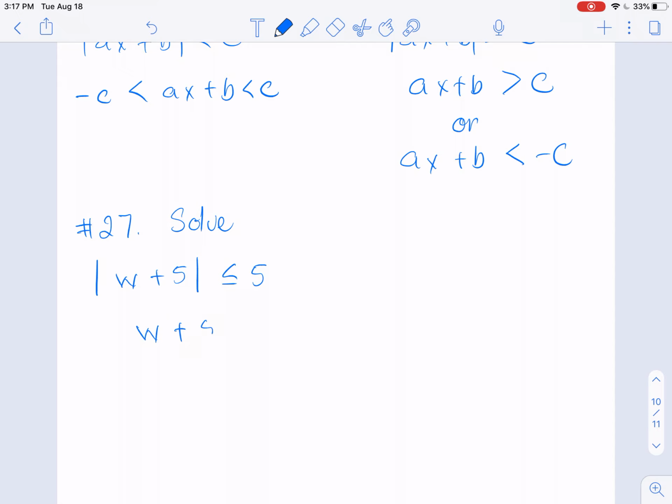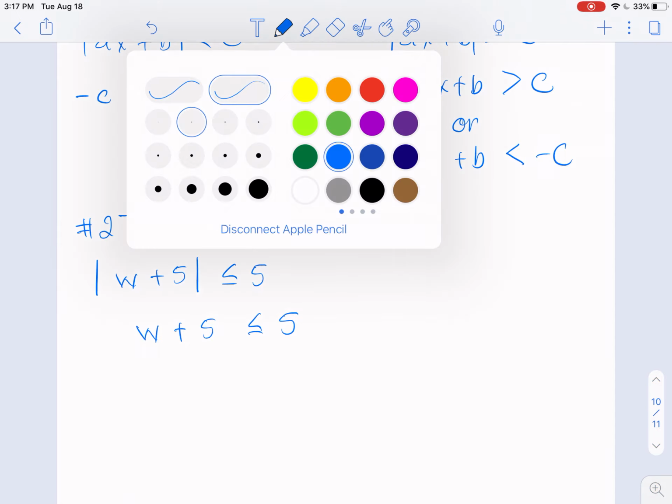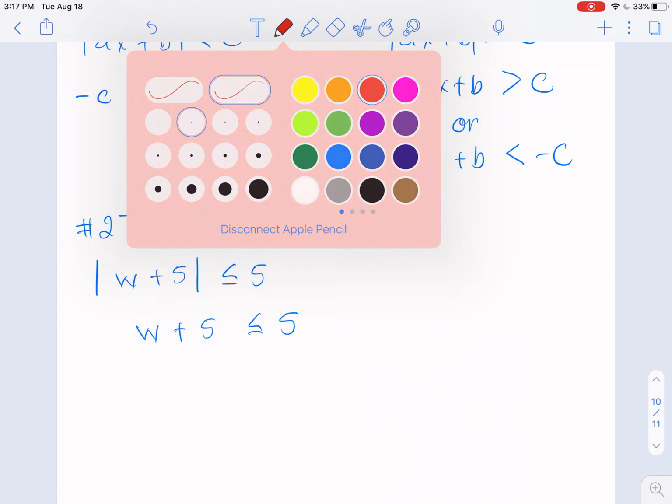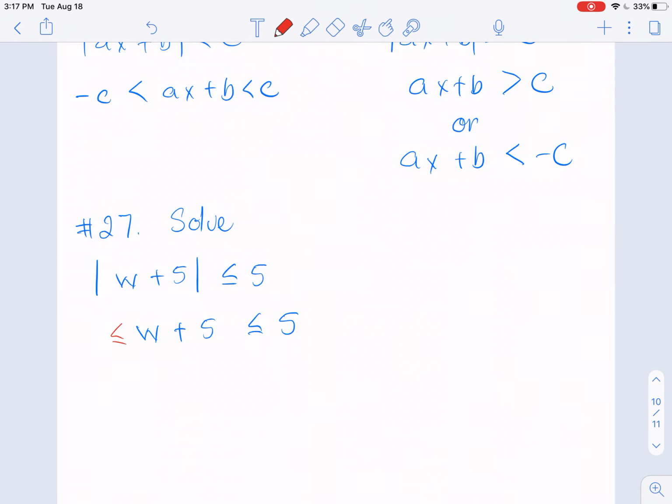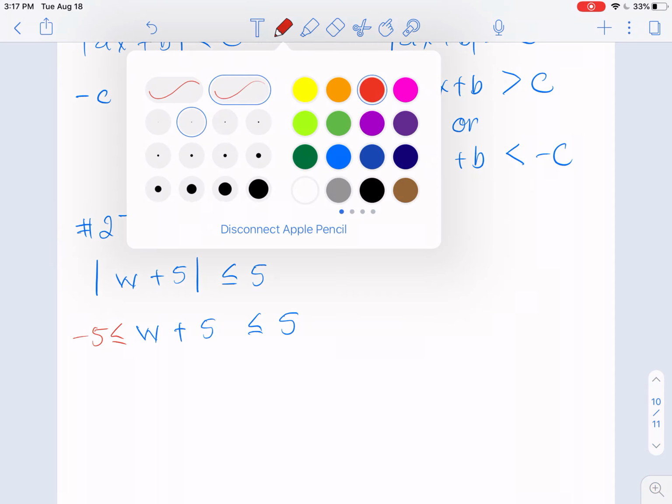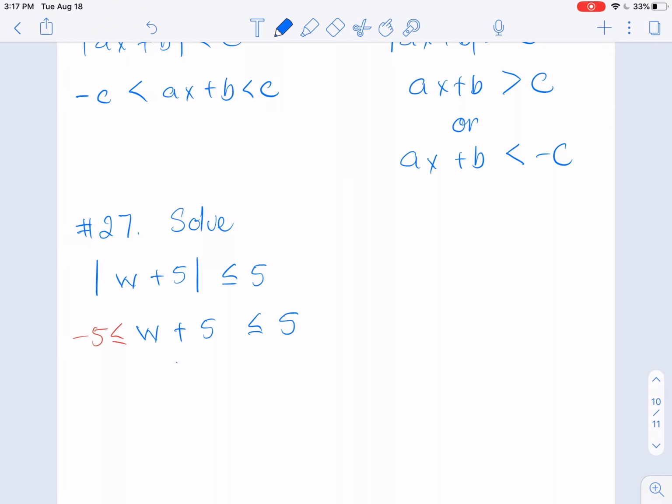This is clearly type A. And then I add negative 5 to the left side. Okay, and now you can just solve it on both sides. So we have minus 5, minus 5, minus 5. So we have negative 10 here, less than or equal to w, less than or equal to 0.